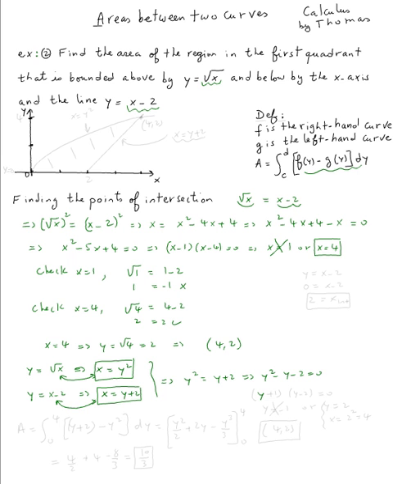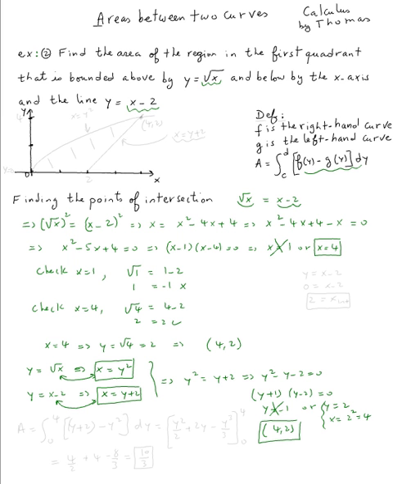Factor it, you'll get y plus 1, y minus 2 is 0, which means y equals negative 1 or y equals 2. But y equals negative 1 is below the x-axis, so we don't need this. We need only y equals 2, which means x equals y squared, 2 squared, 4, so we get the same point, 4, 2.